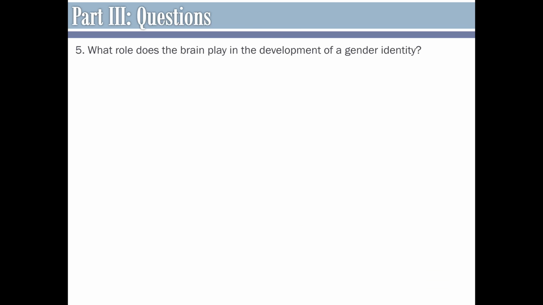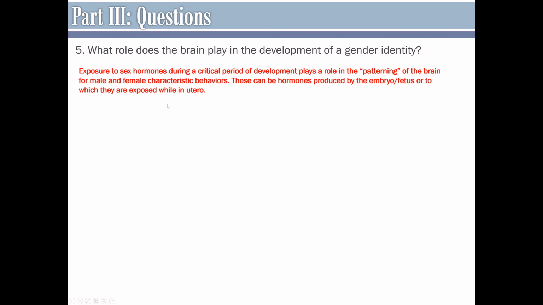So the last question, number 5, what role does the brain play in the development of a gender identity? Exposure to sex hormones during a critical period of development plays a role in the patterning of the brain for male and female characteristic behaviors. These can be hormones produced by the embryo fetus itself or to which they are exposed while in utero.